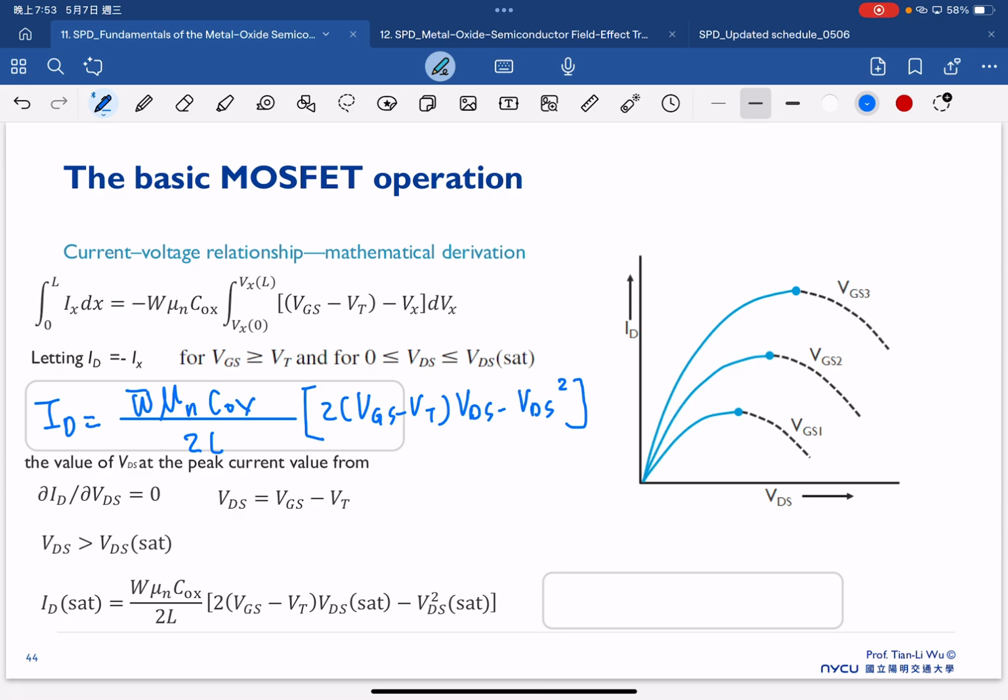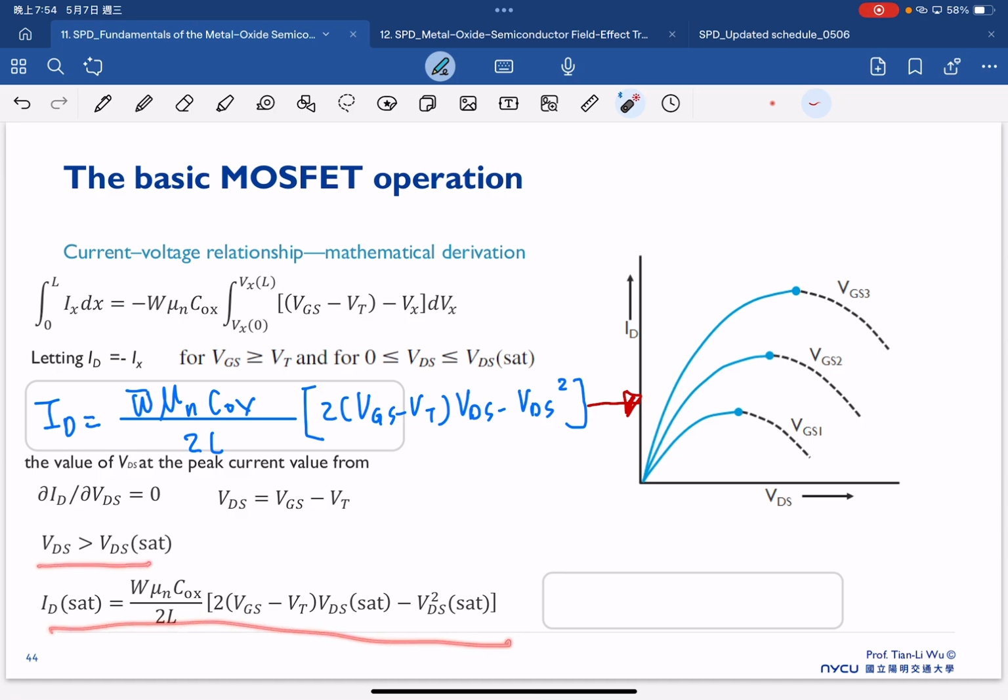But if you try to plot this equation, you will find out that this equation will exhibit like this. So that means at the VDS at the peak current value, we will have this derivative equal to 0 and VDS equal to VGS minus VT, and therefore this will cause us to revise this equation.